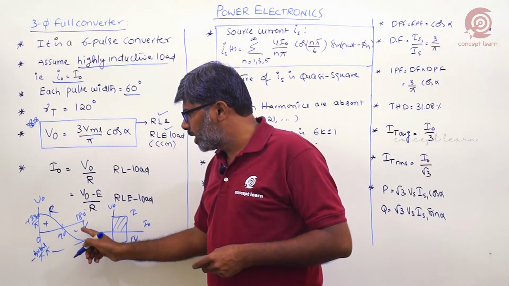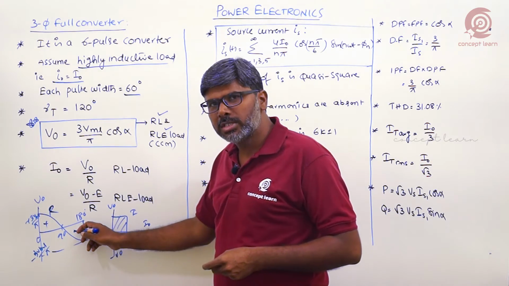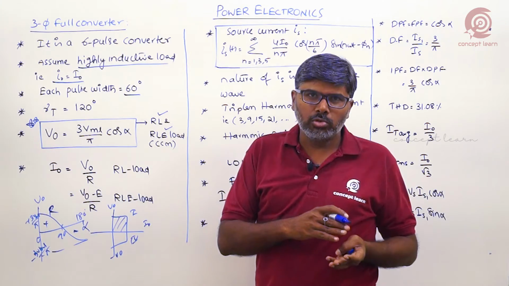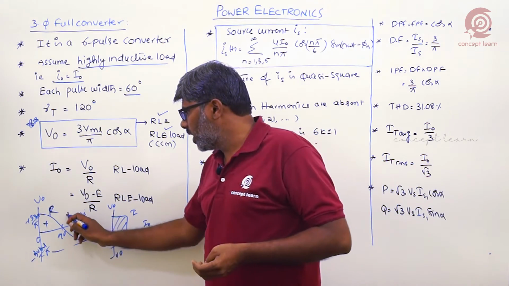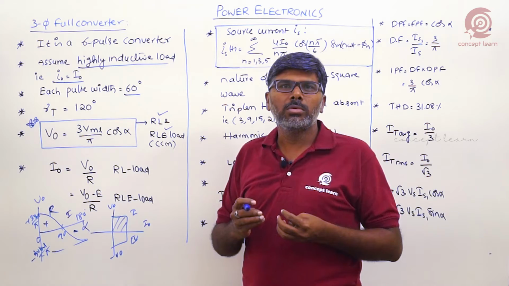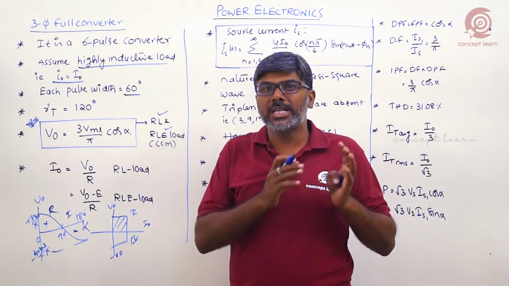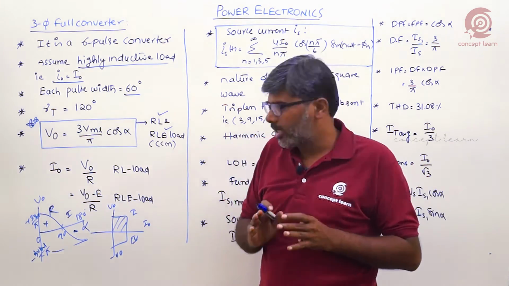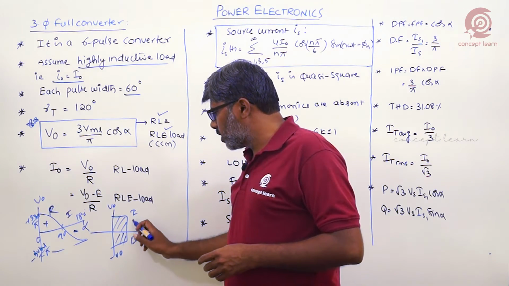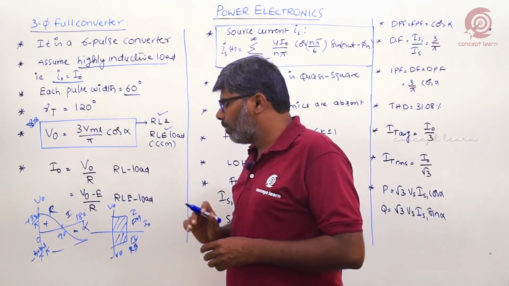Above 90 degrees and less than 180 degrees, the average output voltage is negative and current is always positive, so power is negative and fed back to the source. That is DC to AC, called an inverter. So the three-phase full converter also acts as a rectifier as well as an inverter when you vary the firing angle, like the single-phase full converter. That is why it gives operation in the first and fourth quadrant, so it is suitable for both forward motoring and braking applications.